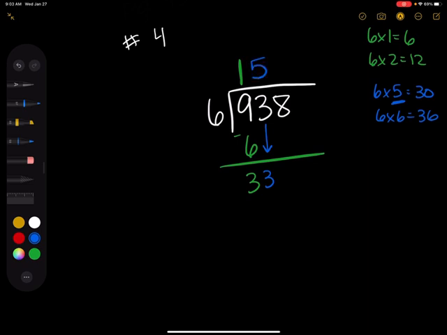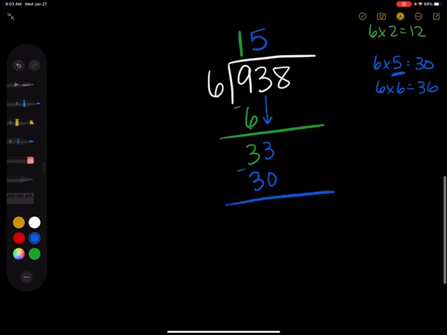So I'm going to put the 5 in our tens place. 5 times 6 is 30, just like we said. So what I just said was 5 groups of 6 is 30. 33 minus 30 is 3.